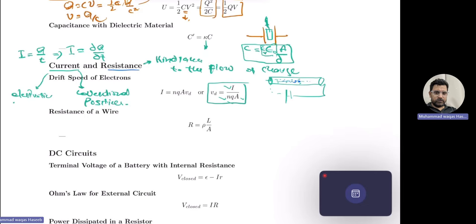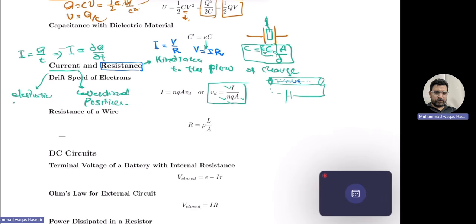So resistance is a hindrance to the flow of charge, and it is related to Ohm's law, which is I equals V over R, or you can write it as V equals IR.